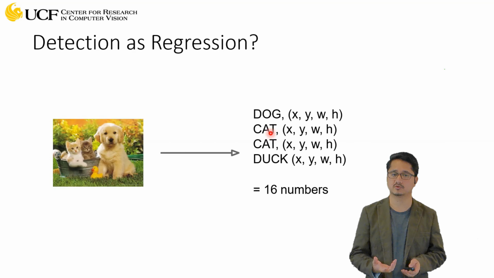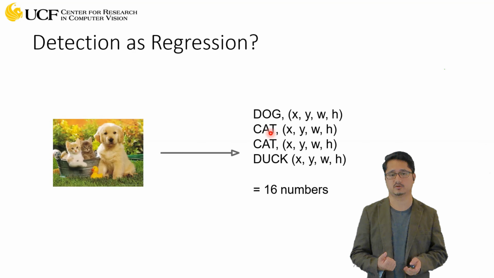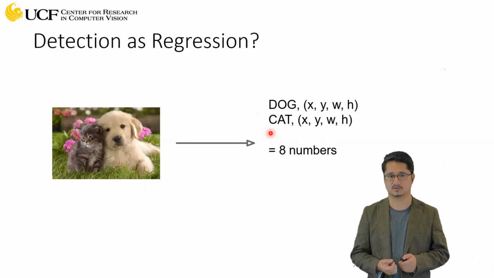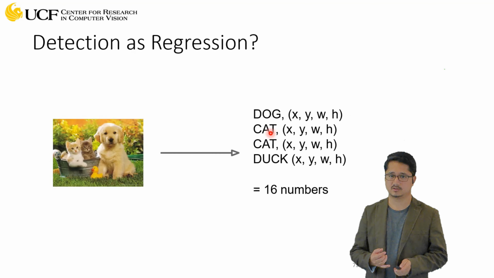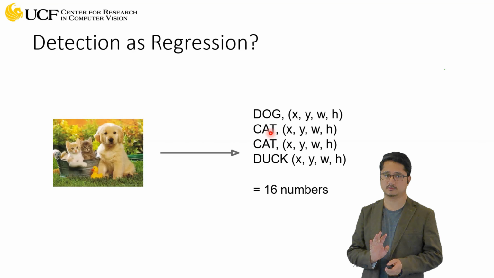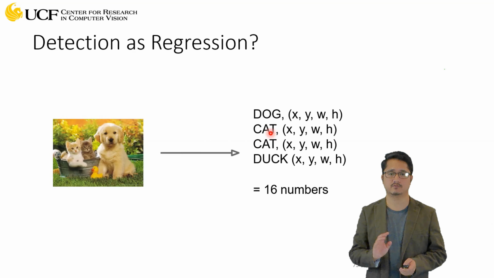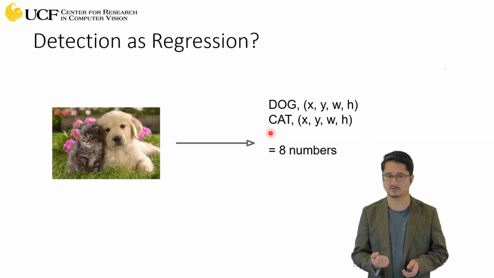This kind of simple approach will not take into account multiple instances which could be present in your image. The second issue is, for this particular instance you need 16 numbers because you have four different objects, irrespective of category. In this image, you only have two objects, so this will require just 8 numbers.